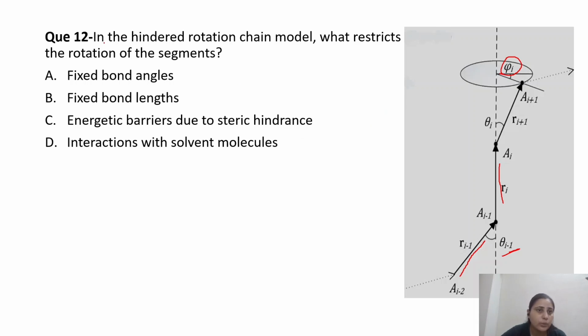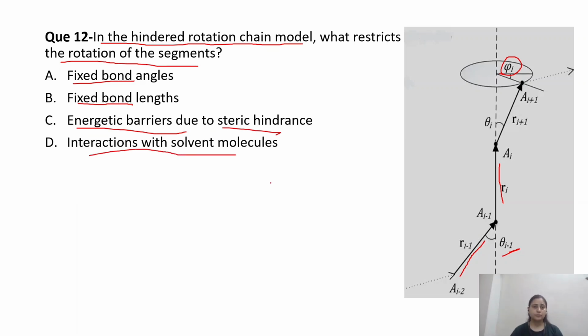So the question says that in the hindered rotation chain model, what restricts the rotation of the segments? Option A says fixed bond angles, B fixed bond lengths, C energetic barriers due to steric hindrance, and option D is interactions with the solvent molecules.